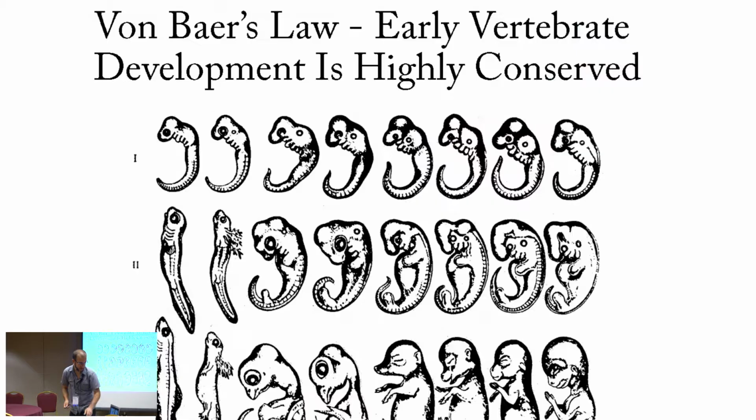So let me take you through a few concepts of how fish are actually more similar to us than a lot of people think. This was work about 150 to 200 years ago by this German guy, von Baer. But it really drove home the point that even though a human or a chicken or a fish look really different from one another, if you look at embryos of each of these vertebrates at a particular early stage and pull these out, they look remarkably similar.